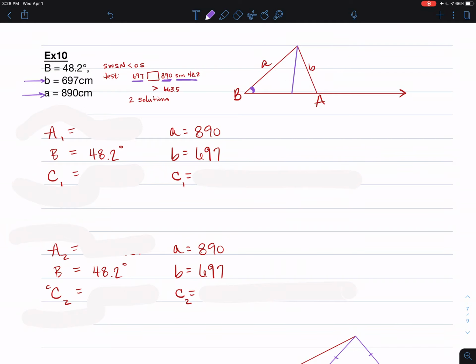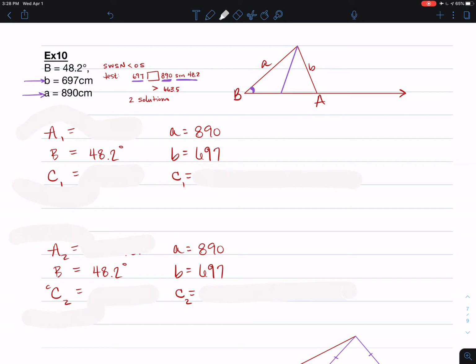It can either be here or right here, as long as the length stays the same. So just so that you understand, I've got two triangles. One of my triangles is this original one that I had drawn, and the other triangle is this one right here. These are the two triangles that I want to look at.